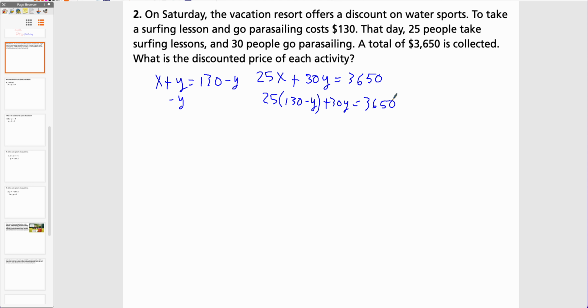25 times 13 would be 325, so 25 times 130 is 3,250. 3,250 minus 25Y plus 30Y equals 3,650.